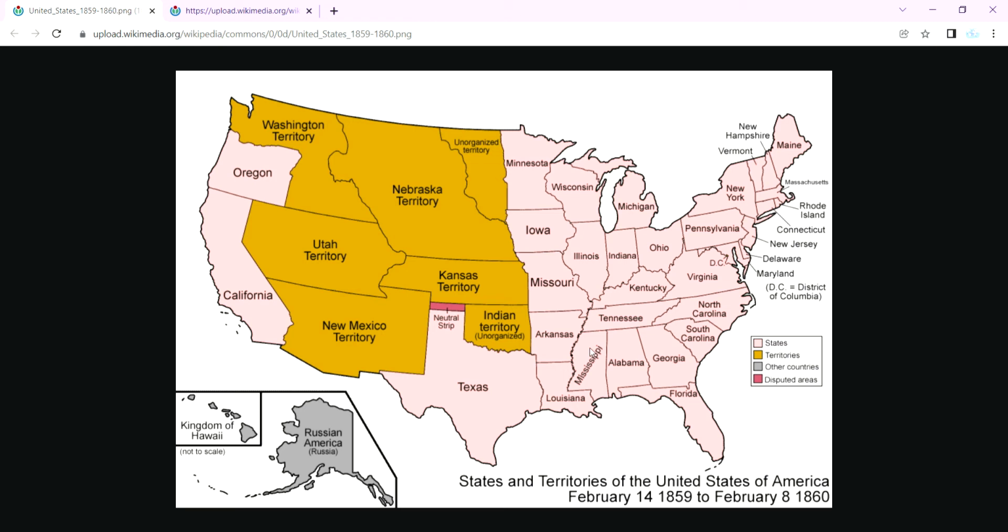It was a very delicate balance, and a lot of the nation knew that the issue of slavery was very important and had to be dealt with, but the South wanted to make it constitutional, while the North wanted to ban it.